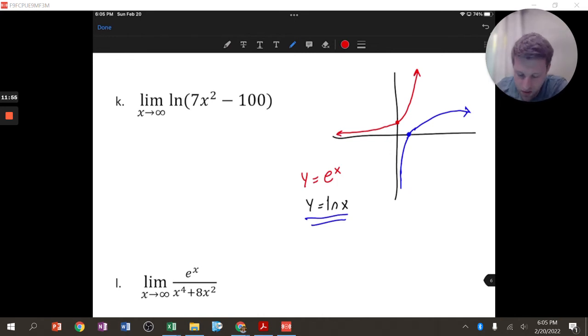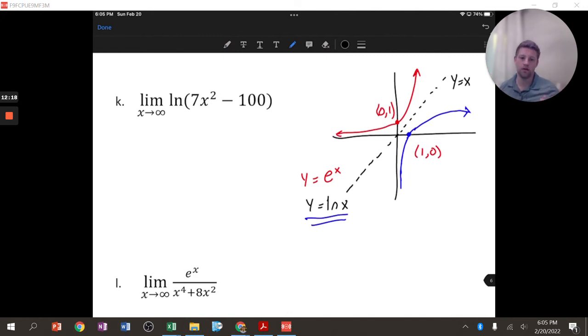So there's our e to the x. Again, this is the point 0, 1, and we have the point 1, 0 on our other function here, the natural log. So these are inverse functions. They are reflected across this line, y equals x.